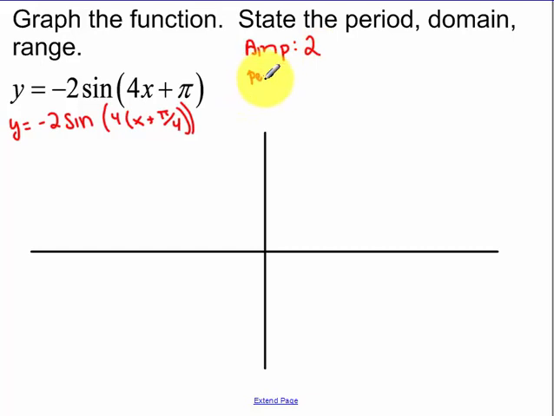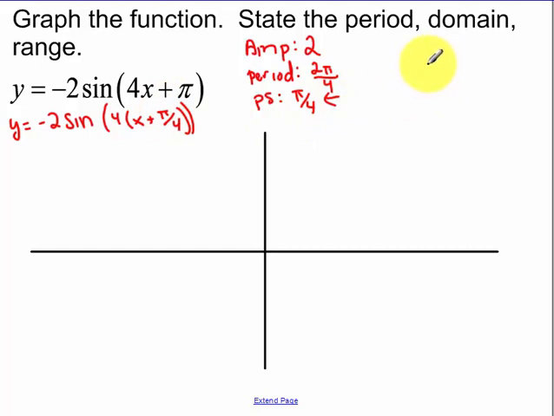Your period is 2 pi over B, which is 4, and then your phase shift is C over B, or if you factored it out, it's just this pi over 4, and then since it's a minus, you're going to the left.